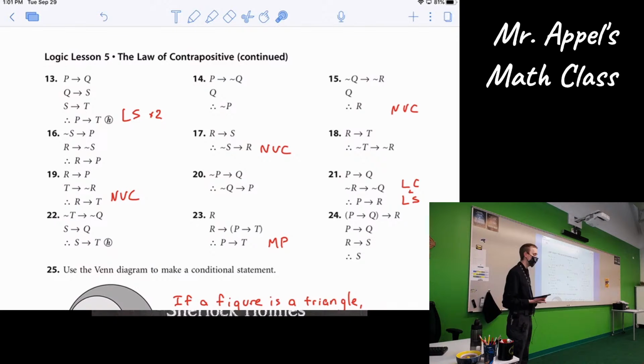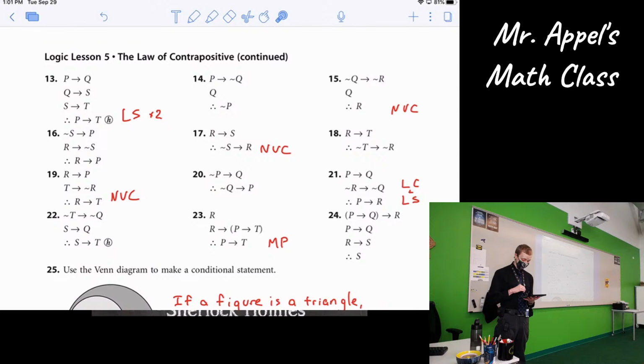Almost, but not quite law of contrapositive. 19, if R then P, if T then not R, they conclude R then T. They're trying to do some kind of law of syllogism here, but these don't connect. They don't pair up. That's a P, that's a not R. But you're still starting with R, that's not a valid conclusion. They do not match.